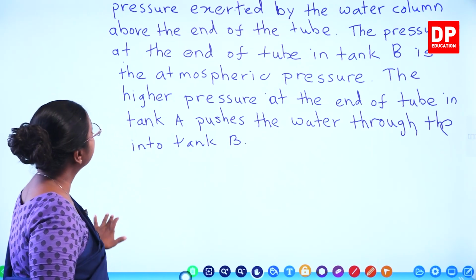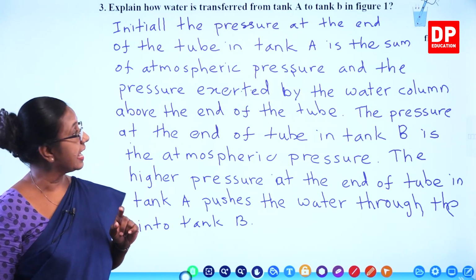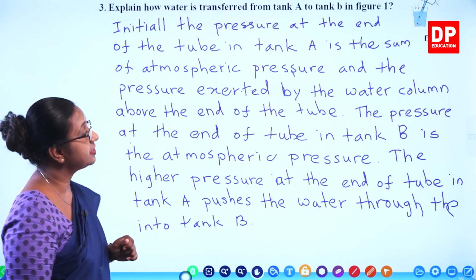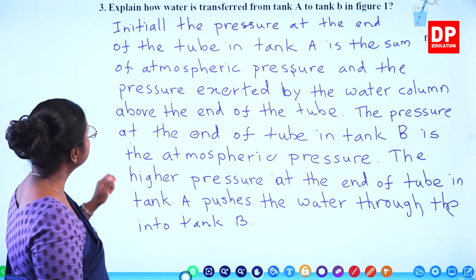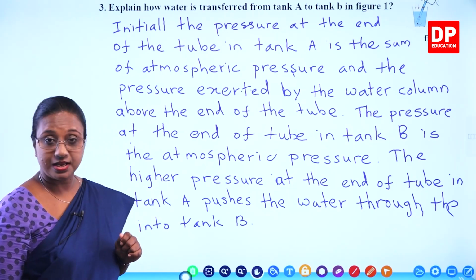If we read the answer again, initially the pressure at the end of the tube in tank A is the sum of atmospheric pressure and the pressure exerted by the water column above the end of the tube. The pressure at the end of the tube in tank B is the atmospheric pressure.